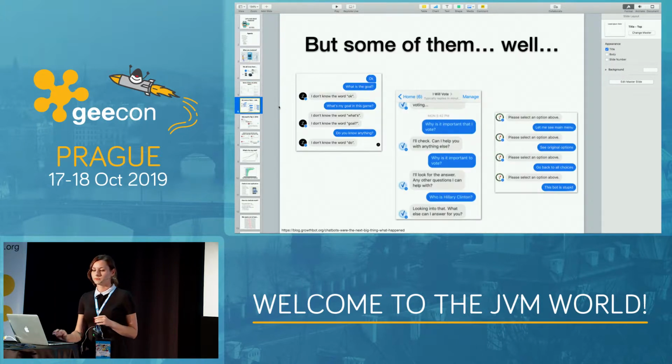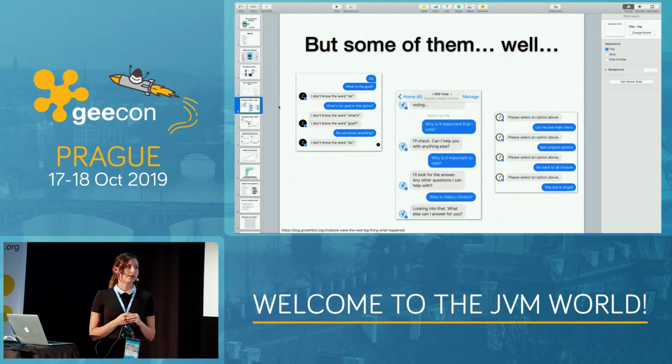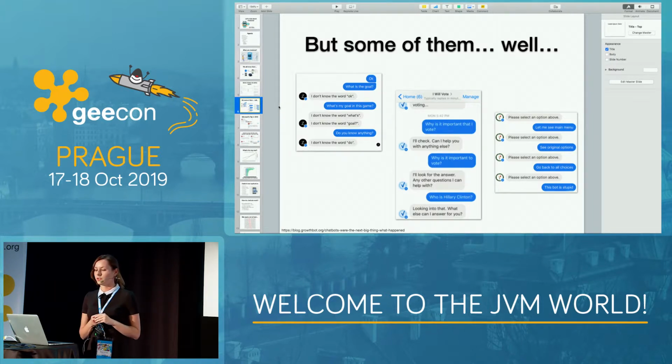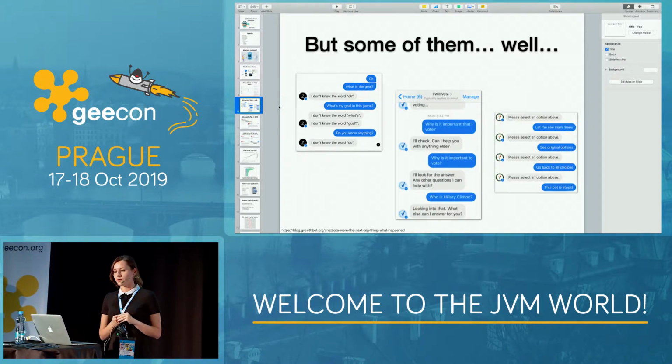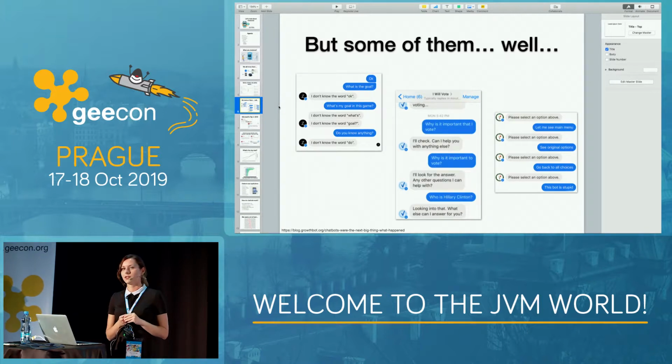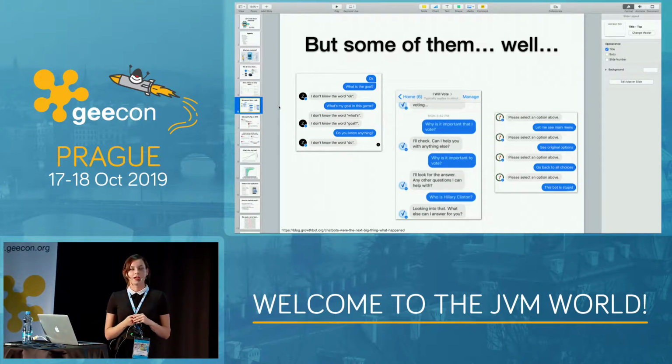But some of the chatbots are not so smart at all. As you can see on the screen, a lot of them have some issues with communicating with people. The first one hardly understands anything from our human language. It talks a lot, but it's nothing very important.